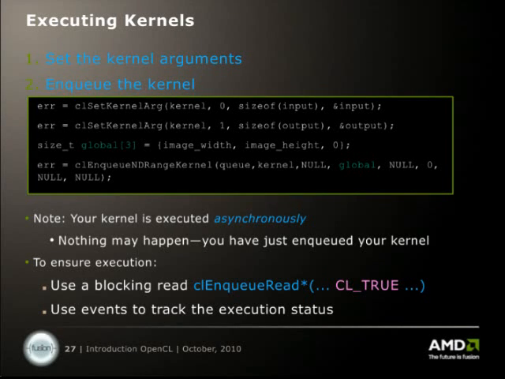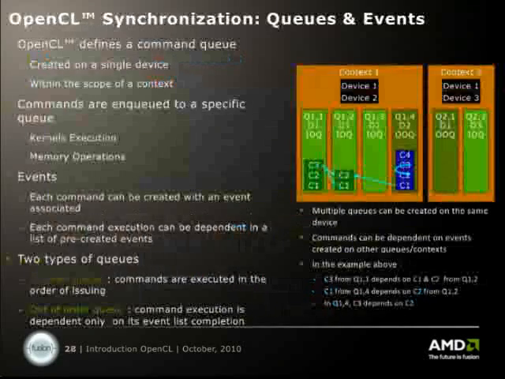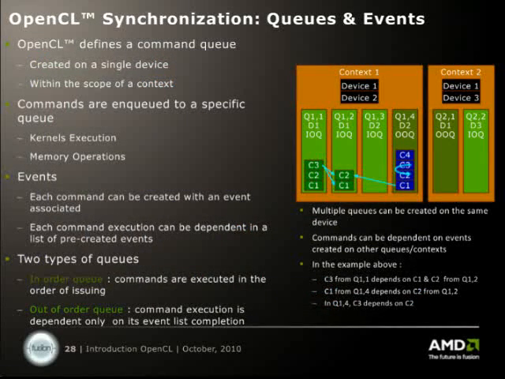So it's 2D, we put 0 in the third dimension because we're not going to do anything with it. And then we see an NDRange kernel, so this is executing the dispatch that we talked about right back at the beginning, the domain or the grid of execution that we're going to perform. Of course, we're going to run this on a queue because it's going to get dispatched onto a particular device. We're going to pass in a kernel because we want to run a particular kernel. And, of course, we pass in our global dimensions.